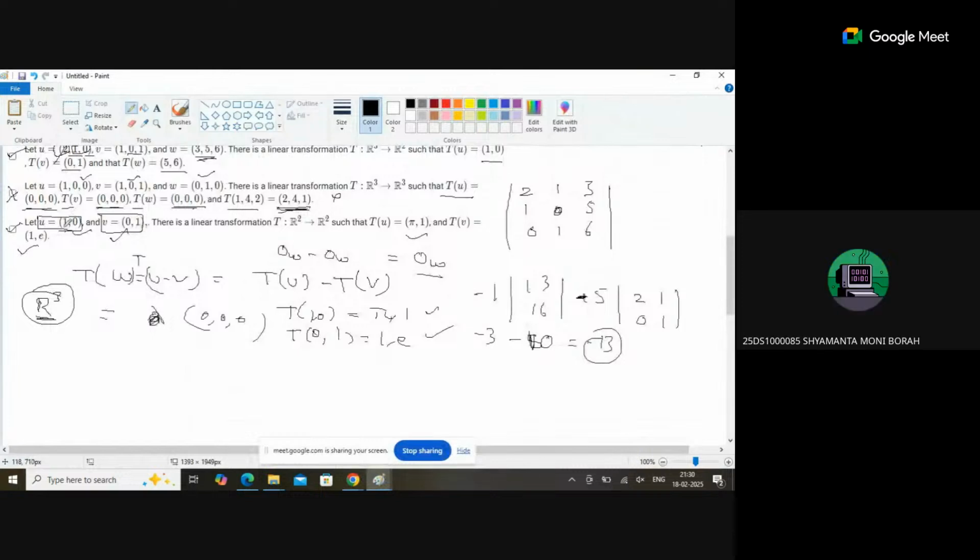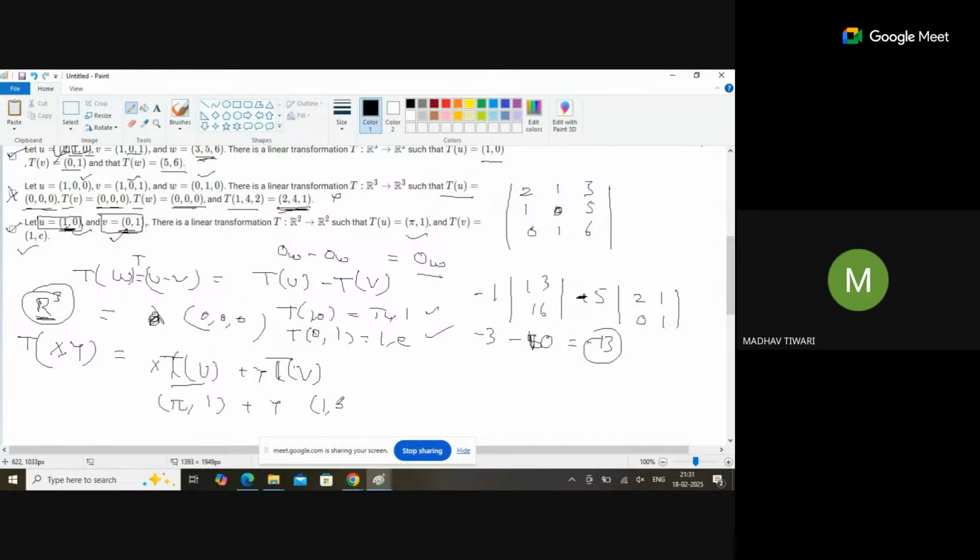We have two bases given here, so we can form any point. Suppose I want to find the transformation of x comma y, I will check whether it is defined or not. I can write x times transformation of u plus y times transformation of v. What is u's transformation? It is pi comma 1. And what is v's transformation?